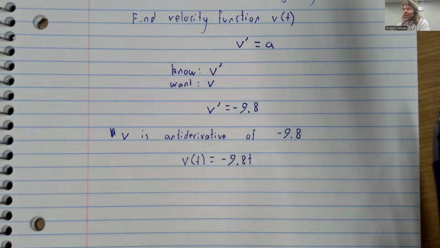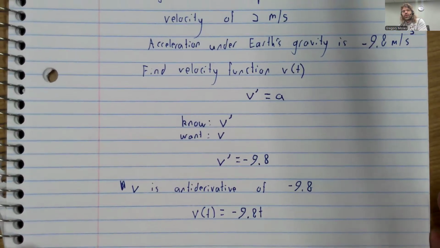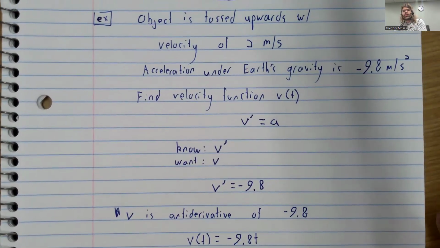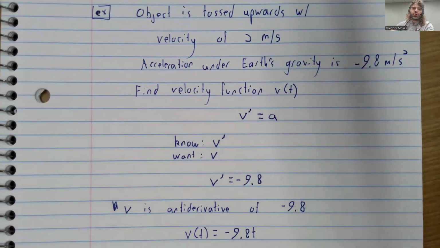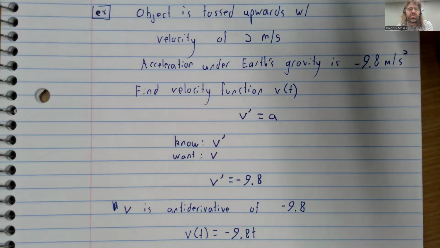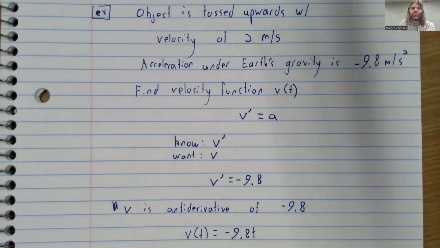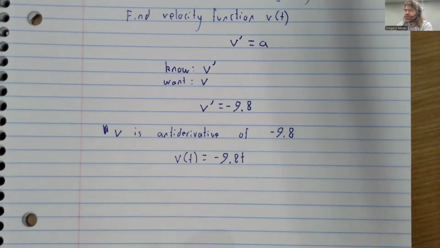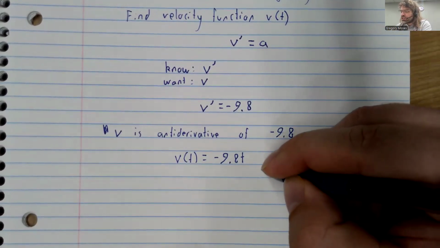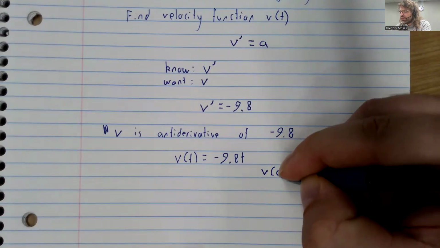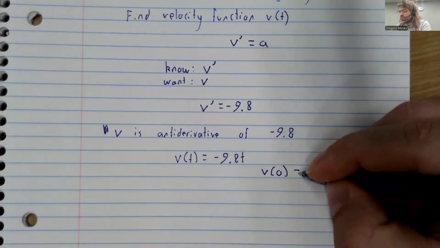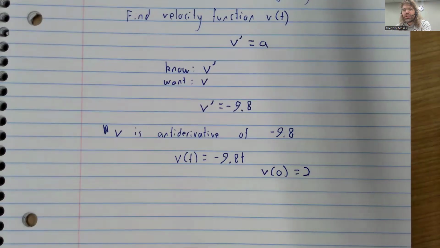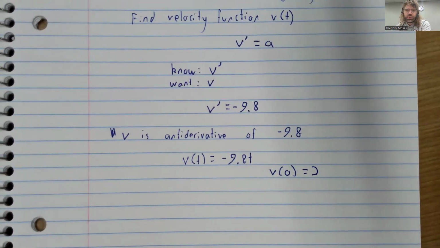But then we think a little more. We think about this piece of information that I've given you but haven't used yet, that we're tossing this upwards with a velocity of 2 meters per second. In mathematical notation, v of 0 equals 2.